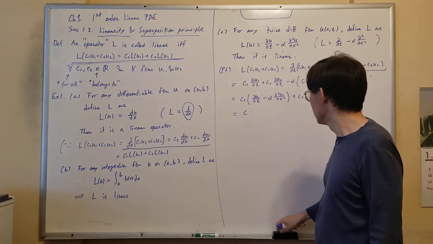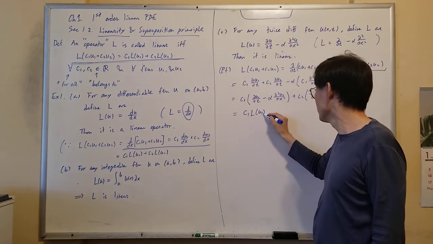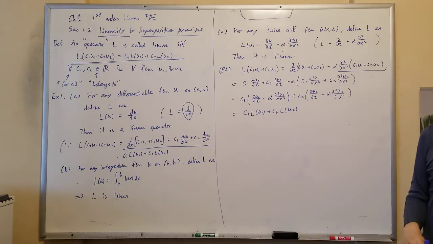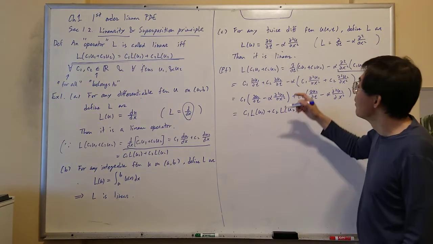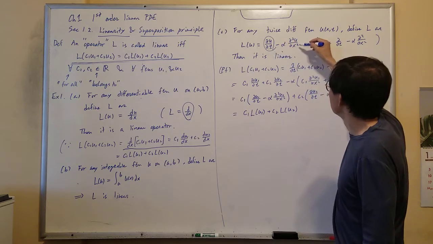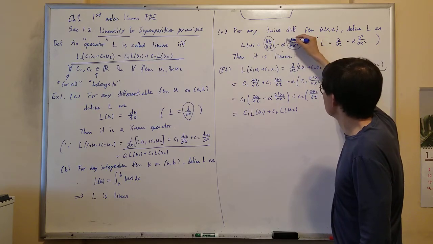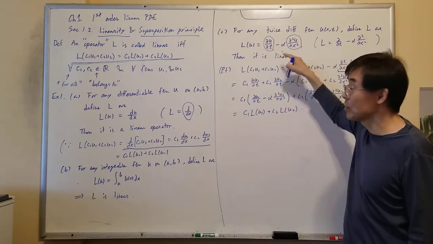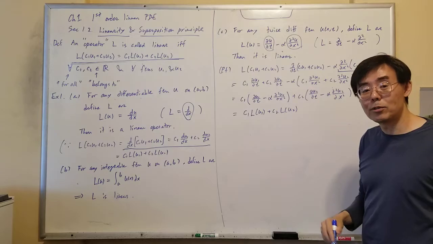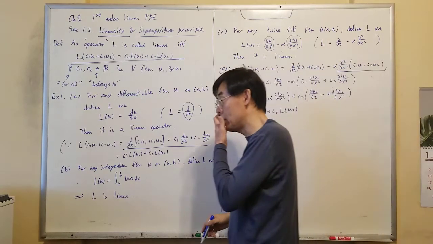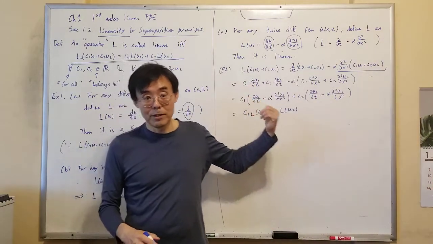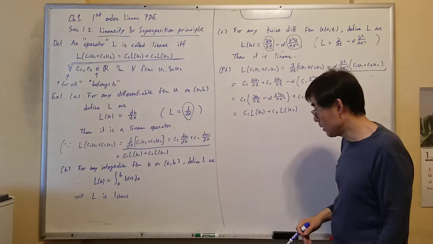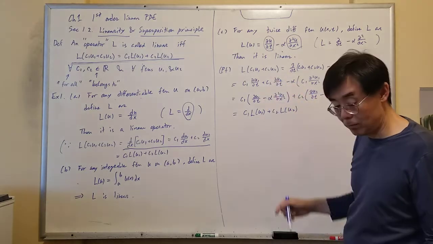This is C1 L of u1 plus C2 L of u2 for all C1 and C2 and u1 and u2. So this is a linear operator itself. A linear combination of linear operators will be a linear operator too. If you have taken linear algebra, you already learned this as a general theorem, right? This is what we're talking about here.